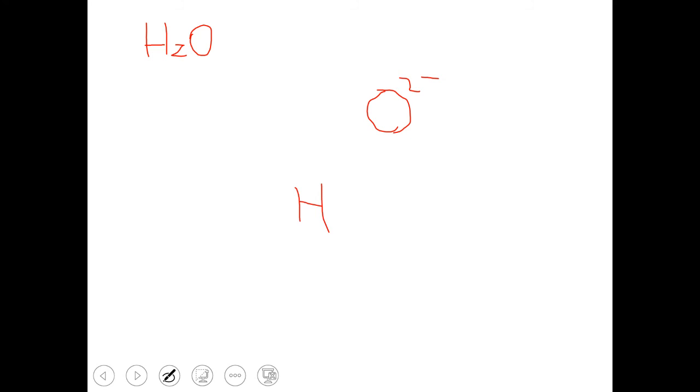So something like the water molecule, H2O. I suppose you should know. So in this case, you have O2 minus, you have H plus, something like this.